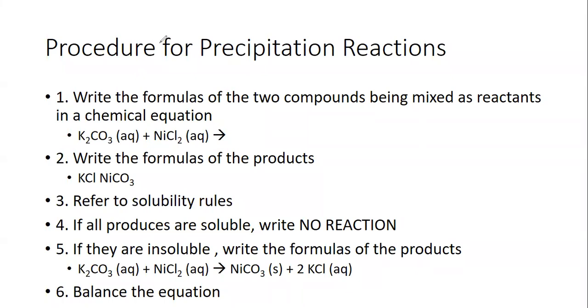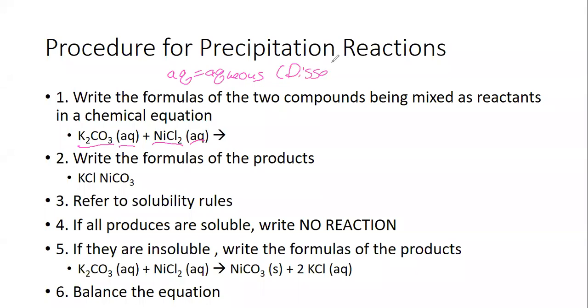Step 1, you want to write out the formulas of the two compounds being mixed as reactants. So here we have an example where we have potassium carbonate plus nickel(II) chloride, and we're going to be mixing those together. Here, AQ, I don't know if I talked about this before yet or not, but anytime you see AQ, AQ stands for aqueous.